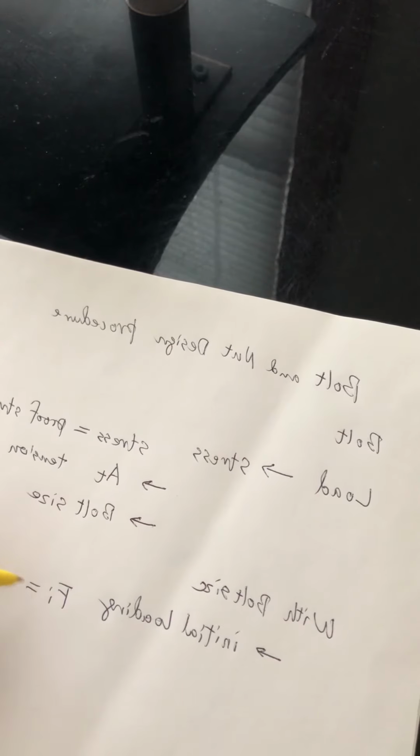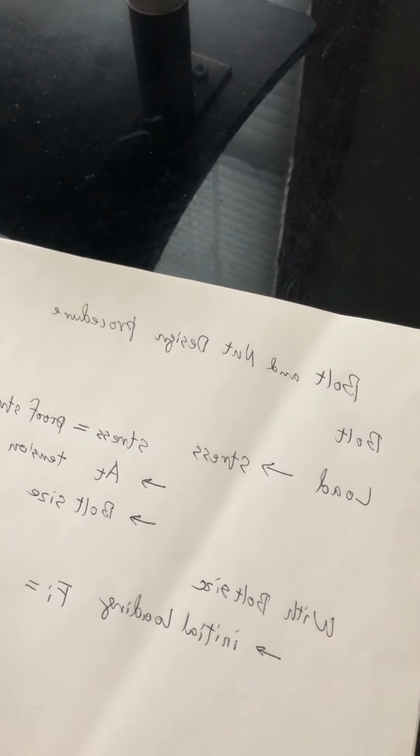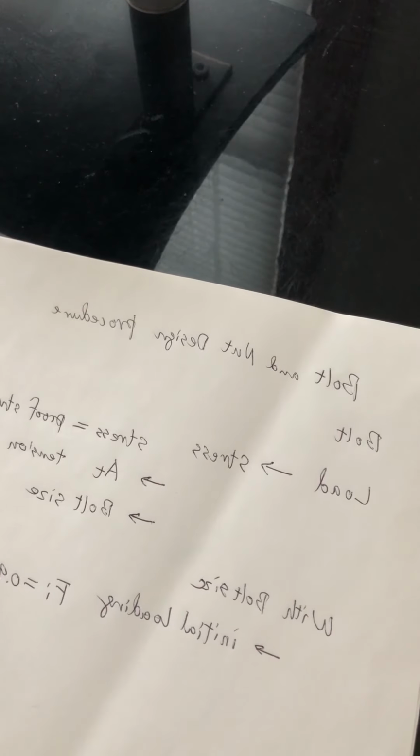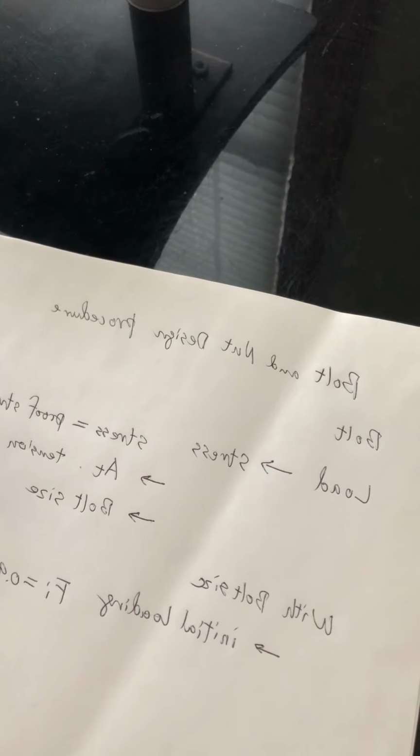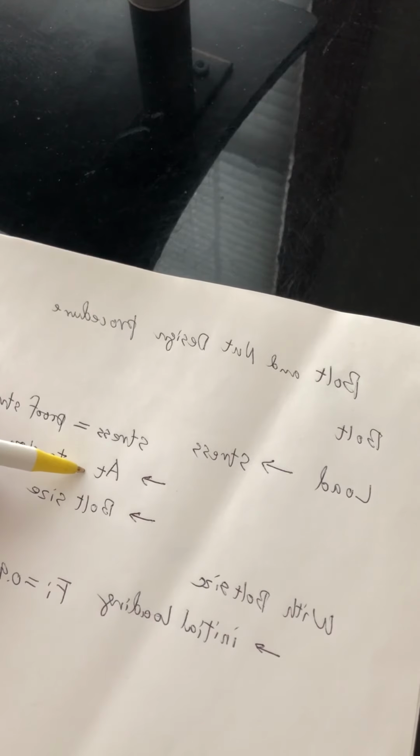The initial loading is equal to 0.9 AT times SP. AT is the tension area. Now, this AT and the earlier AT probably will not be the same, because once you find out the bolt size, this may not be exactly the AT of this bolt size.